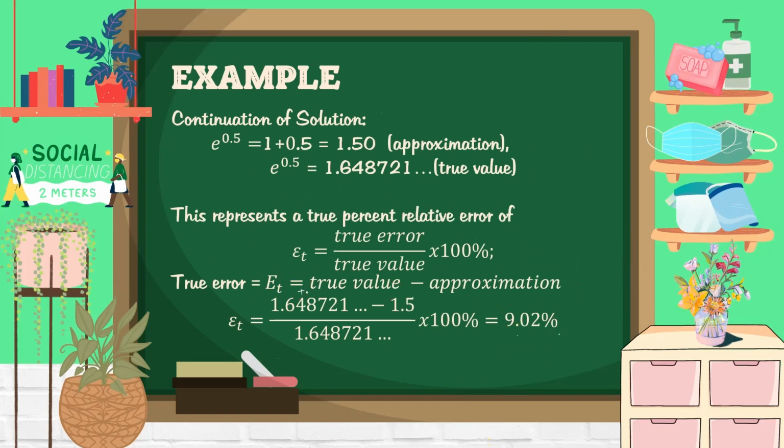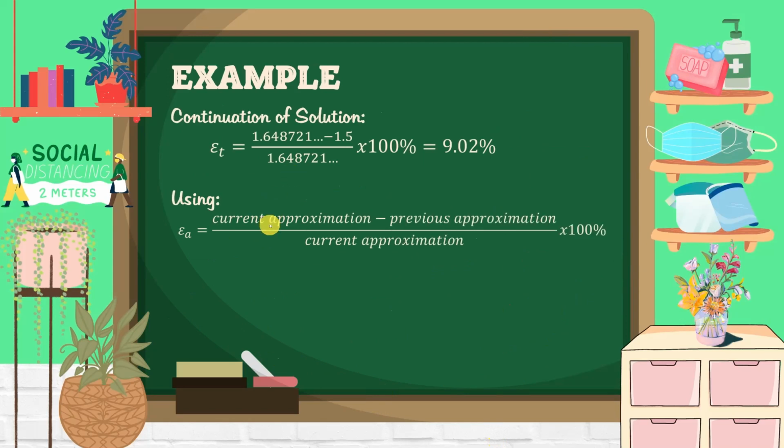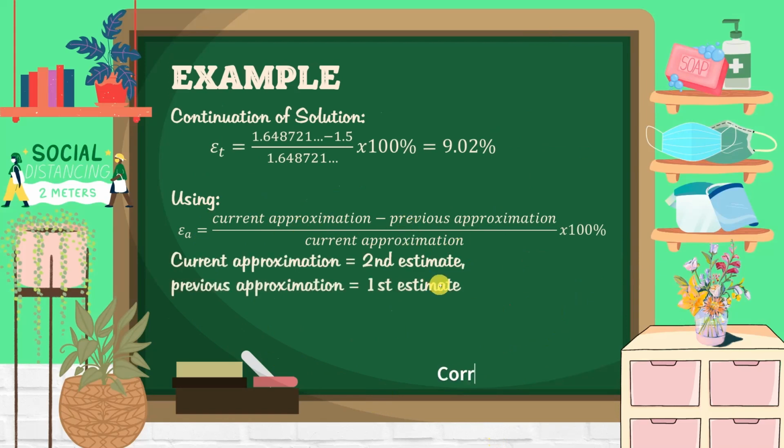This is simply the true value minus the approximation over the true value, TV minus AV over TV, equals 9.02%. Using epsilon A, the percent approximation error, it is equal to the current approximation minus the previous approximation over the current approximation times 100%. For the current approximation, we use the second approximation, and the previous approximation is the first estimate.